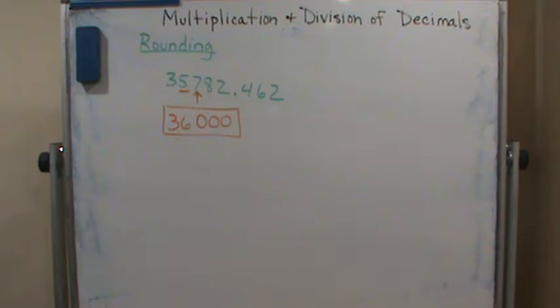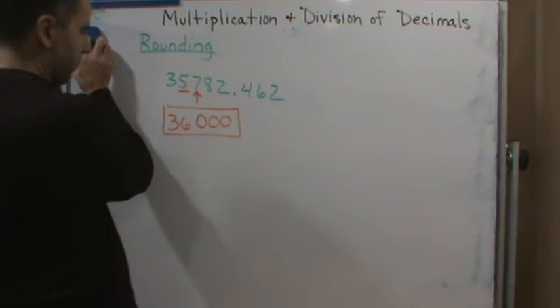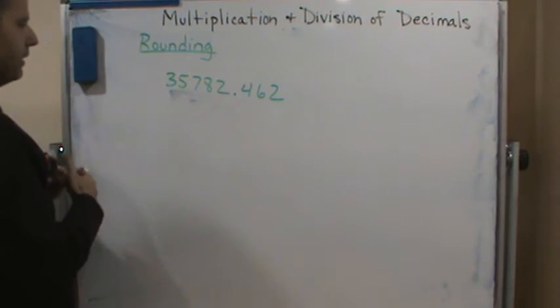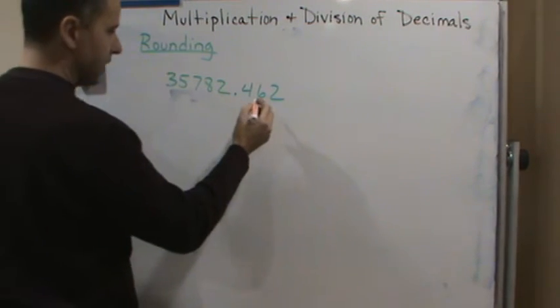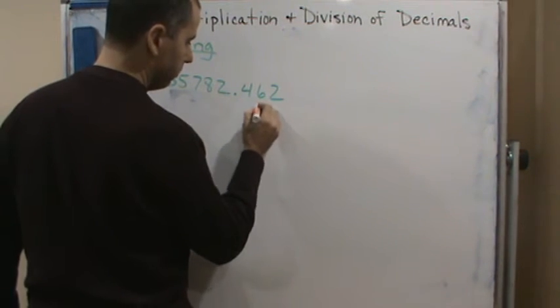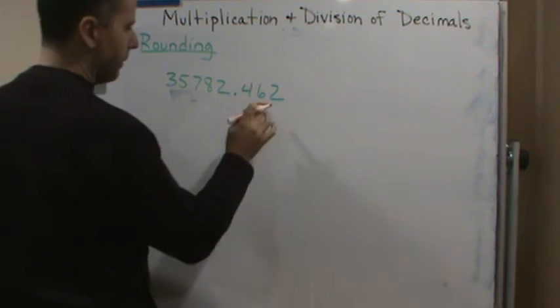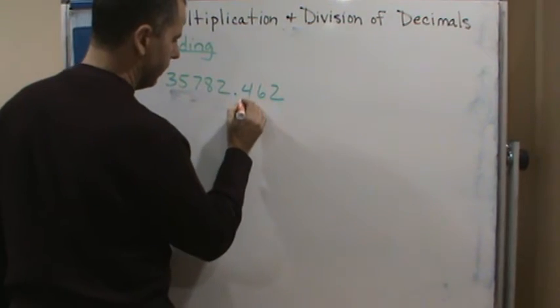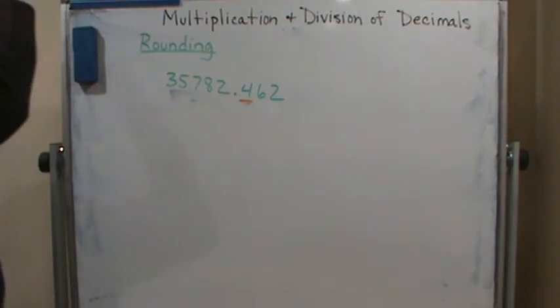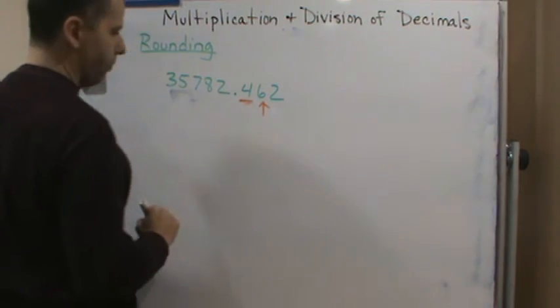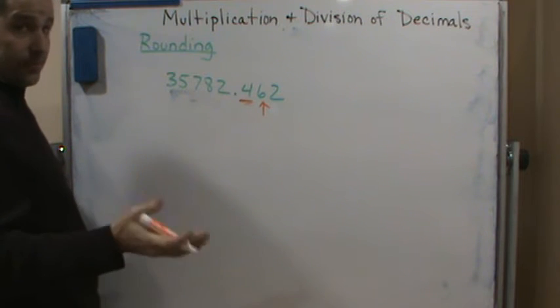Now, what if I wanted to round to the nearest tenths? That's going to be here. I'm looking at the tenths, not hundreds, right here. So I'm looking at the 6, and the 6 is 5 or higher.